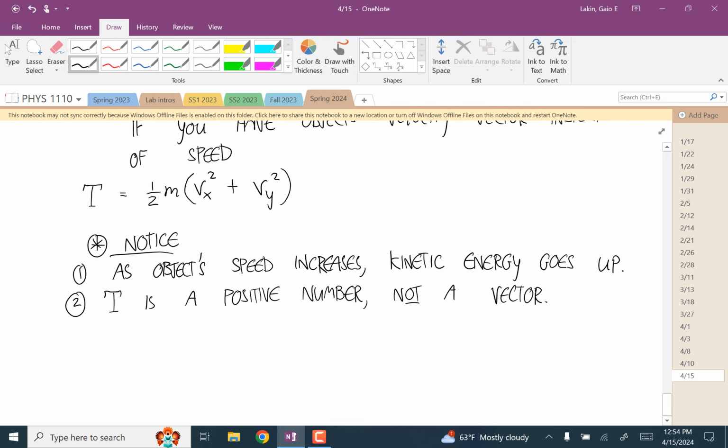So energy doesn't have any direction. We're not doing this like a vector calculation. Energy doesn't have a direction.